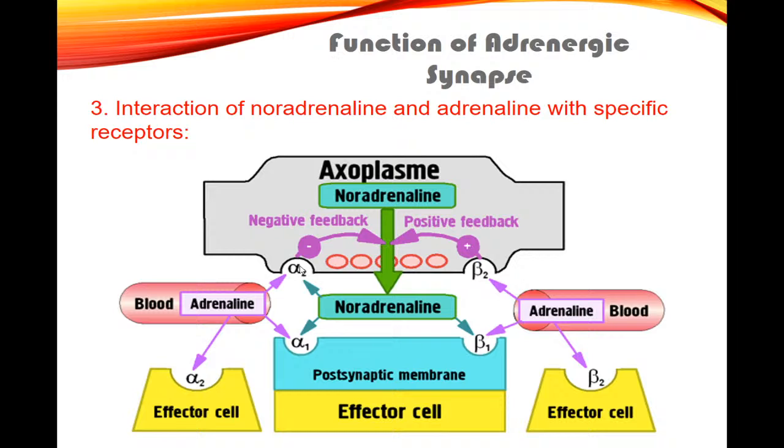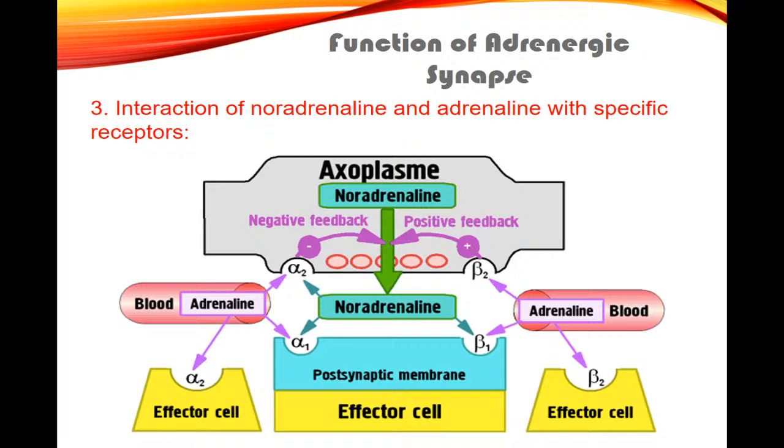And also they can be localized out of synapses in effector cells which are not innervated. So alpha 1, beta 1 on postsynaptic membranes, and alpha 2 presynaptically and extrasynaptically, beta 2 also presynaptically and extrasynaptically.